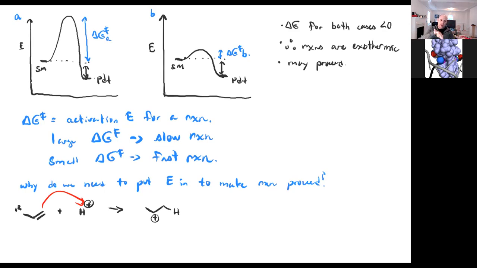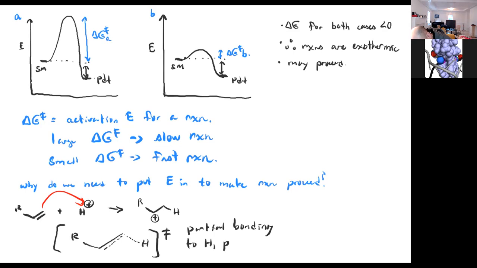We just draw it like that, where I put the proton on there, but there's a transition state linking the two components on the sides of that reaction. The transition state probably looks something like this: you've basically got a partial bond to hydrogen, a partial pi bond.